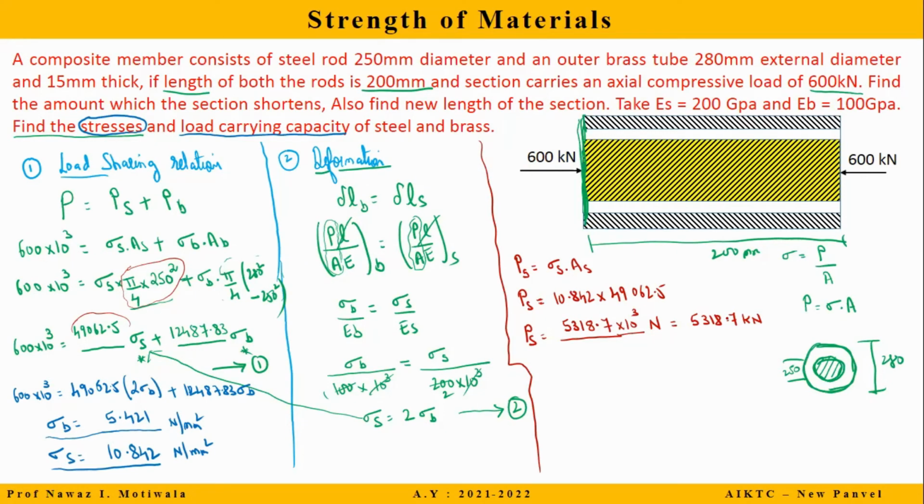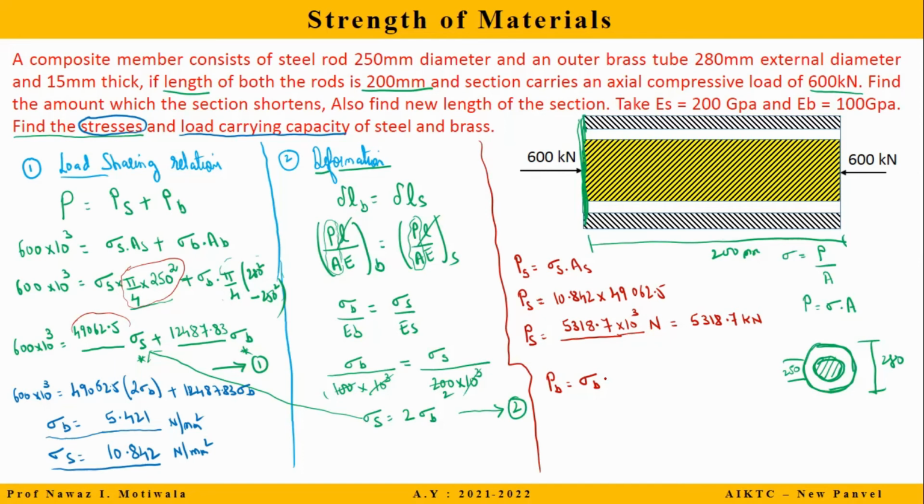Now, as we got the answer for load of steel, similarly I can find out the answer for load for brass. So for that I will write the formula. PB, that is load on brass, is equal to sigma of brass multiplied by area of brass. Sigma of B we have already found out, 5.421, and area of B also we have found out in step number 1. So it is 12487.83.